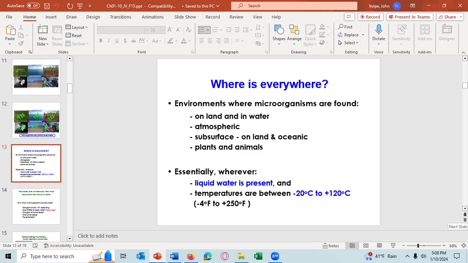It's the deepest spot in the ocean, and water doesn't boil at that deep pressure with all the water above it until it's 126 degrees Celsius. And they found microbes in that environment. Any question about any of that?